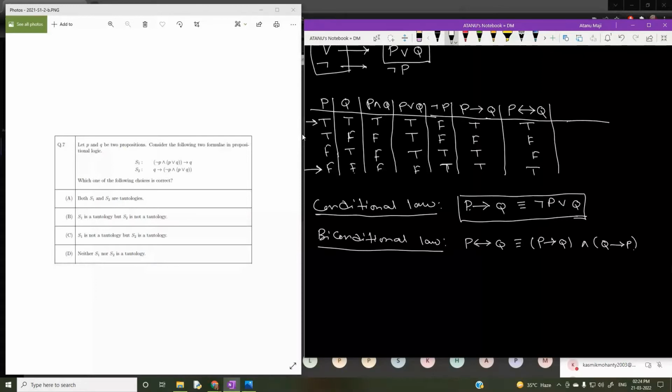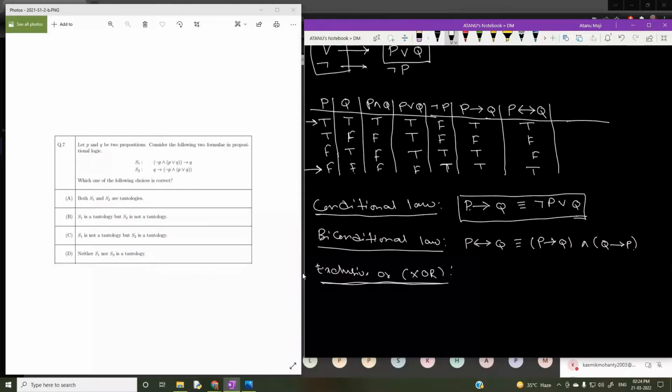Now another operator, another connective you can get, is called exclusive OR. Simply we can write XOR. This is called XOR. What is this exclusive OR?